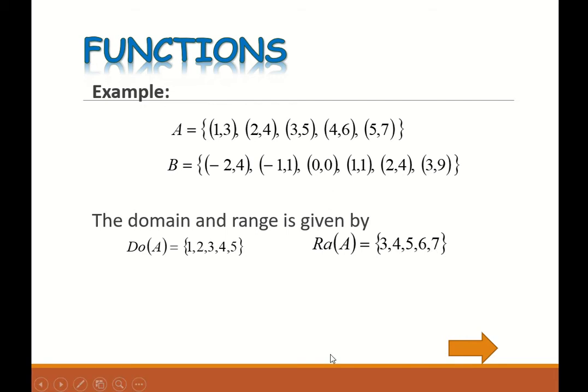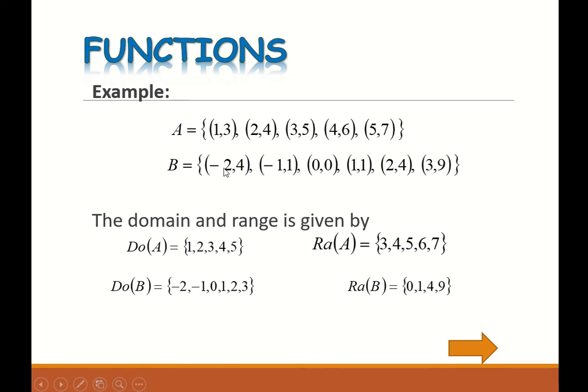For set B, we have DB, or the domain of set B. It contains elements negative 2, negative 1, 0, 1, 2, 3. Again, these are the first elements of each ordered pair in the set.